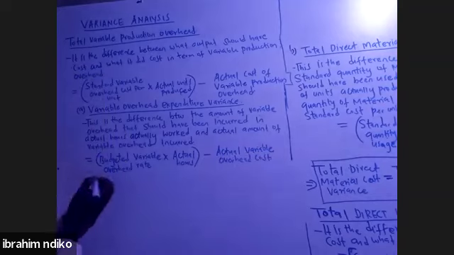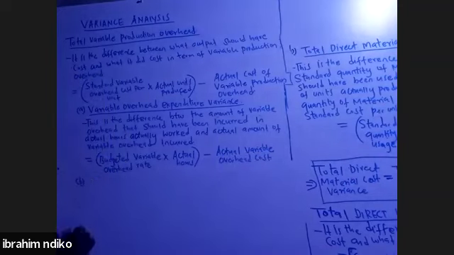That is number A. You go to B. That is variable overhead expenditure. The keyword is the word expenditure.